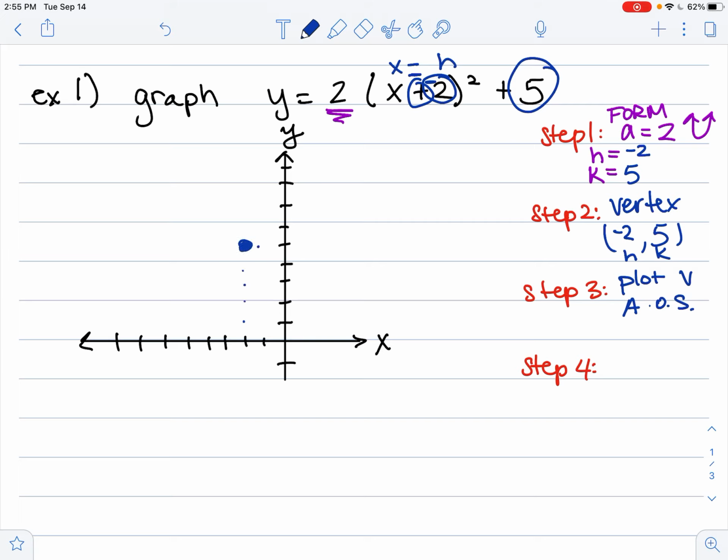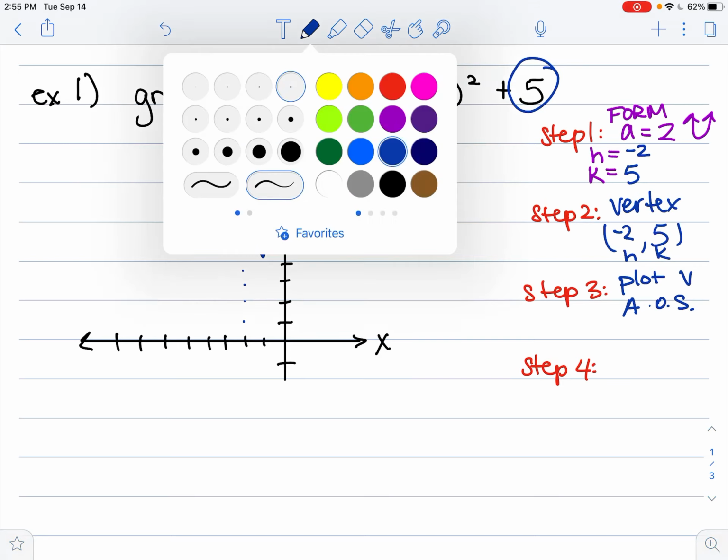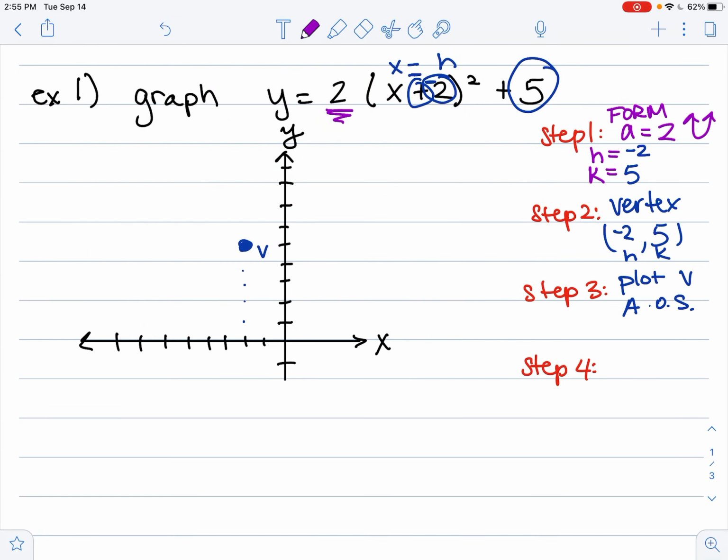There's my vertex. The axis of symmetry goes straight through the vertex as a vertical line, x equals negative 2. Then we want at least one other point.